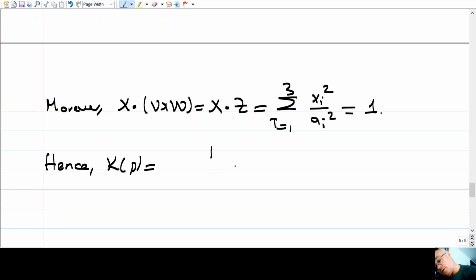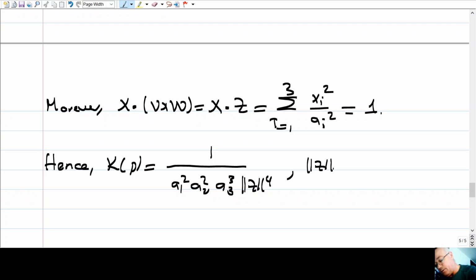This is just 1 because this product is 1 divided by a1 squared, a2 squared, a3 squared times norm z to the power 4, where norm z to the power 4 is just, of course, this expression, the sum for i from 1 to 3 of xi squared over ai squared, and then I have here norm is just square root of this, fourth power becomes square of this.